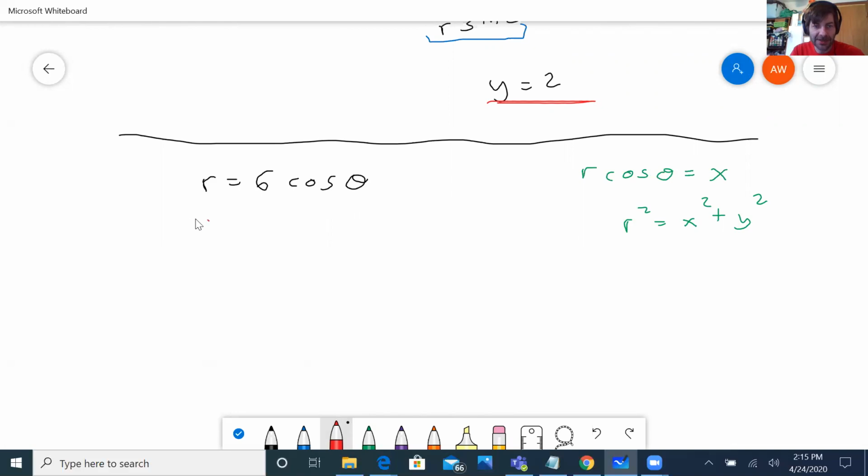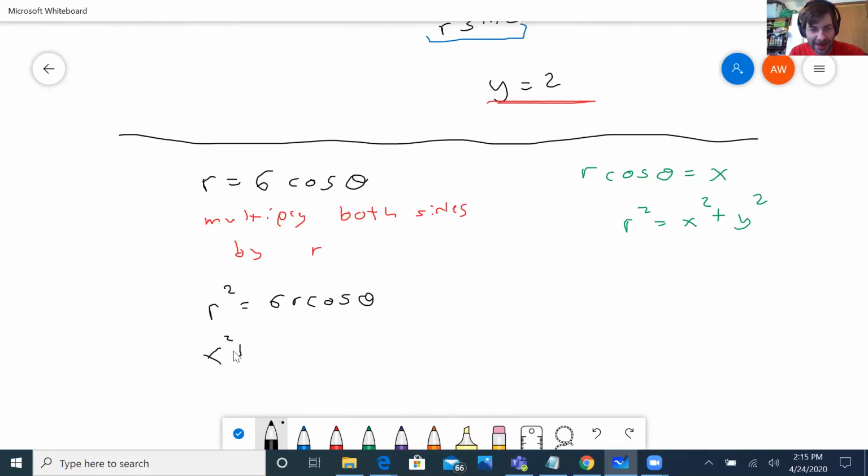So I'm going to multiply both sides of this by r. And that's a good little trick that you're probably going to want to keep in mind because it comes up. Because here, now I get r squared, which is x squared plus y squared, and r cos theta, that's x. So I got x squared plus y squared equals 6x.